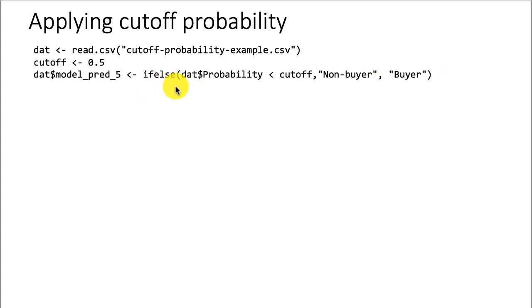The first argument is the condition, dat$probability < cutoff. The second argument is the result of that expression if the condition is true. And the third is the result of the expression if the condition is false. And the result, either non-buyer or buyer, goes into the column called dat$model_pred_5.